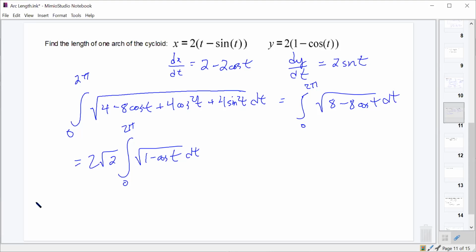Anybody? Nobody. Think about your half angle formulas. What's the sine of x over 2 equal?